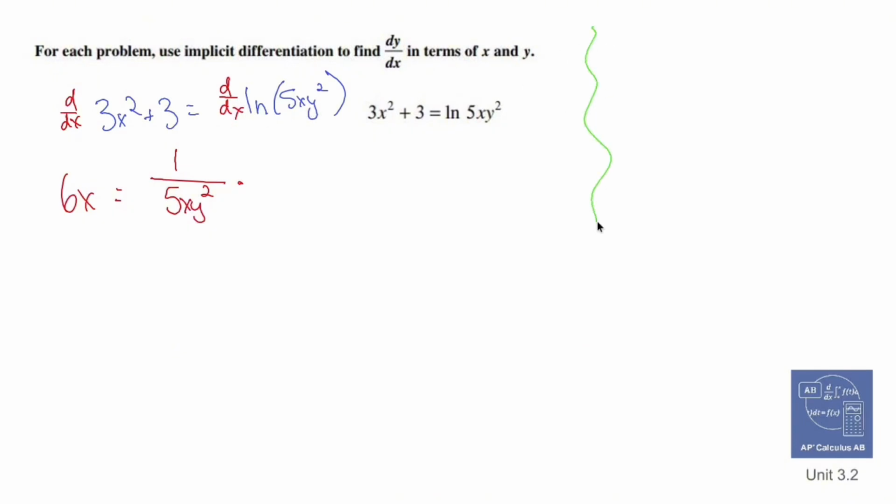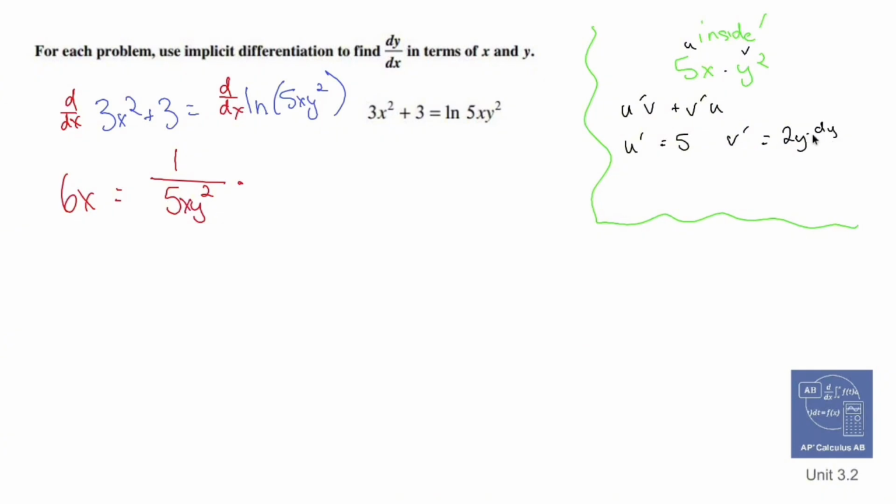So let's go off to the side and find the derivative of the inside stuff, which is 5xy squared. I will call 5x u and y squared v, so the derivative would be u prime v plus v prime u. U prime is the derivative with respect to x of 5x, which is 5. And v prime is the derivative with respect to x of y squared, which is 2y dy/dx.